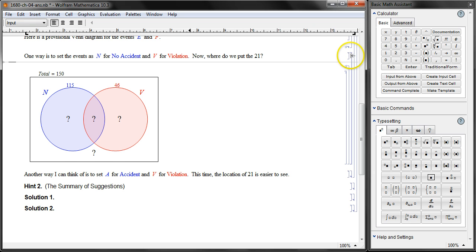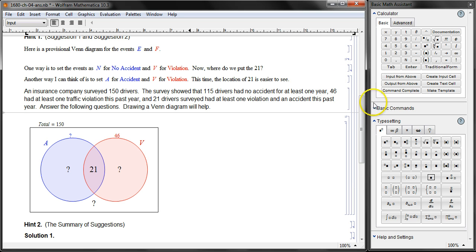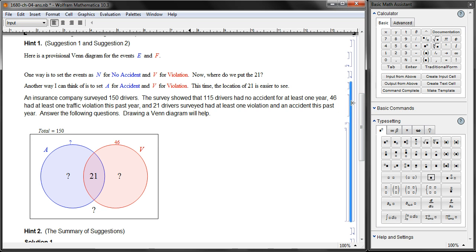Good luck. Here is the second idea. Again, let me copy and paste the problem set. This time, A for accident and V for violation. And let's see, 21 drivers had a violation and accident, so that's easy.